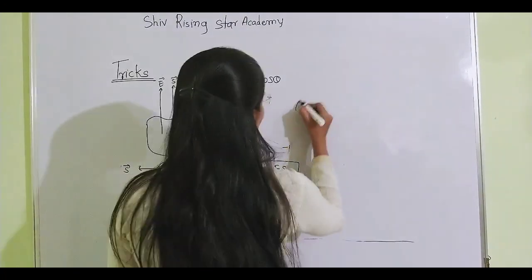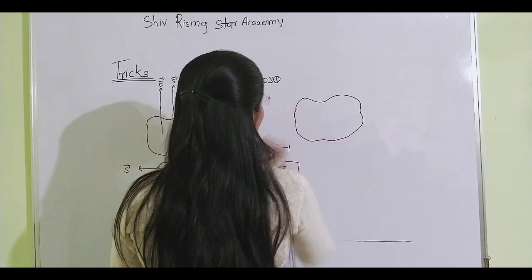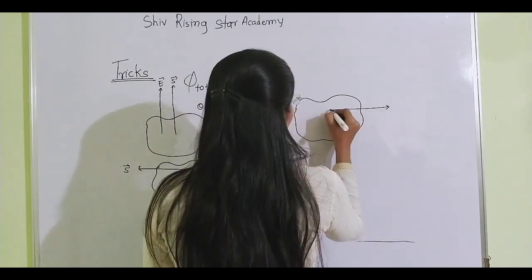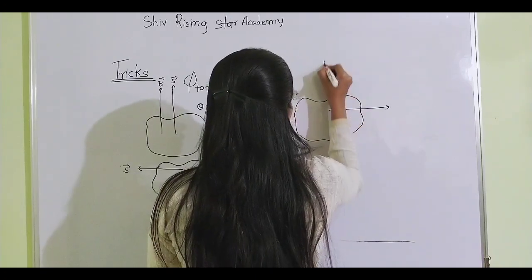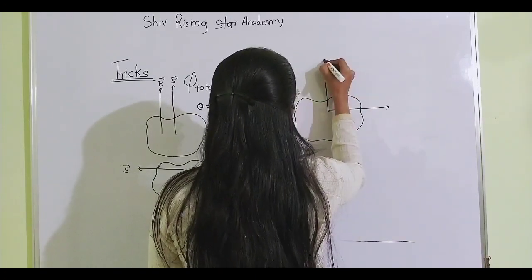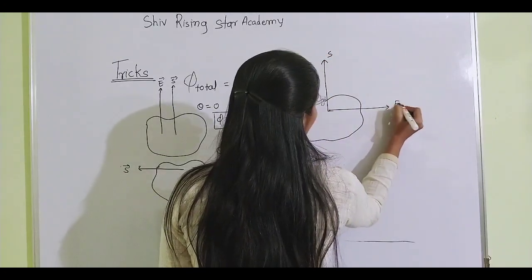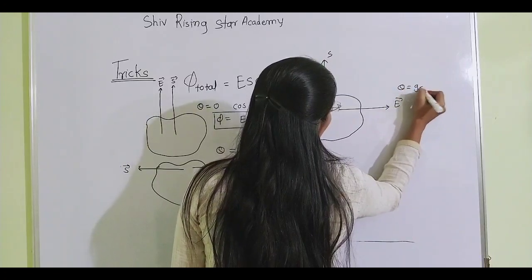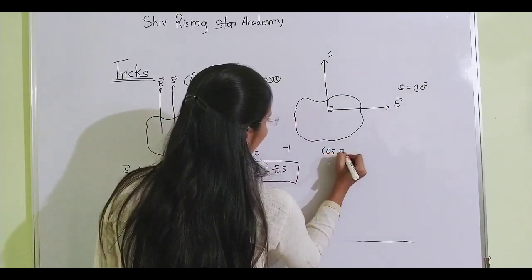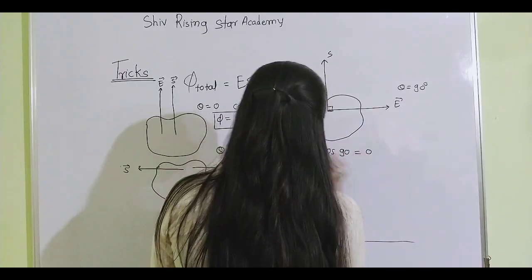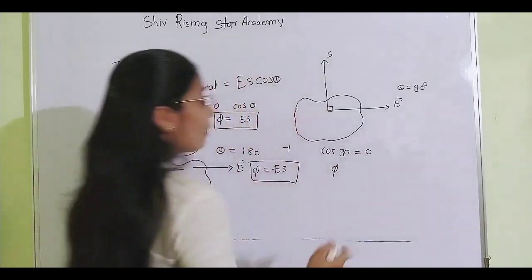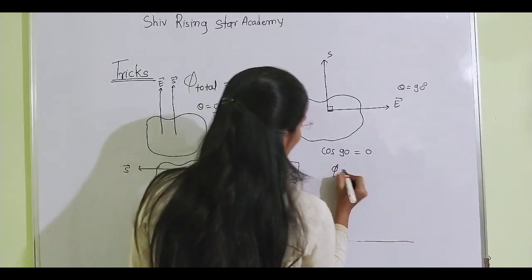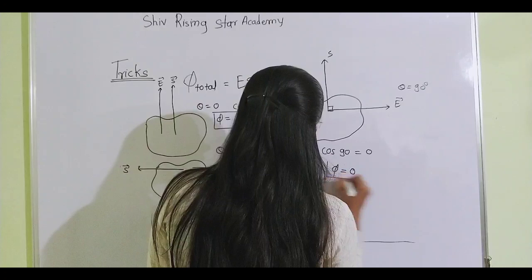Suppose consider a surface, and the direction of the electric field E bar and the direction of the normal S, the angle between them is 90 degree, theta is 90 degree, so cos 90 is 0. So when the angle between the electric field and the area vector is 90 degree, then electric flux is 0.